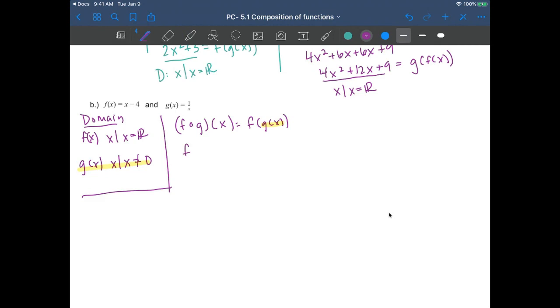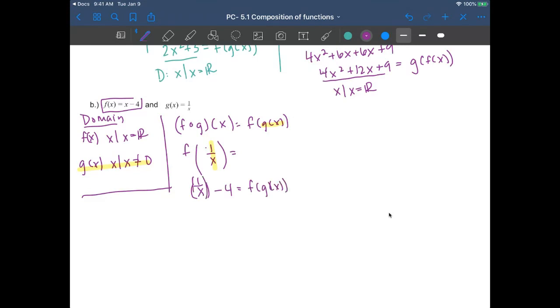So we have f of, replace g of x with its function, and then we're going to go ahead and plug 1 over x into the function x minus 4. So anywhere there's an x, we're going to replace it with 1 over x. Okay, and that is equal to f of g of x.